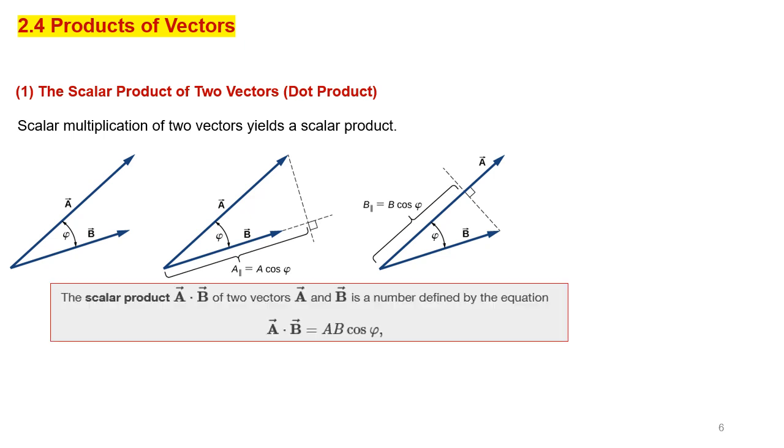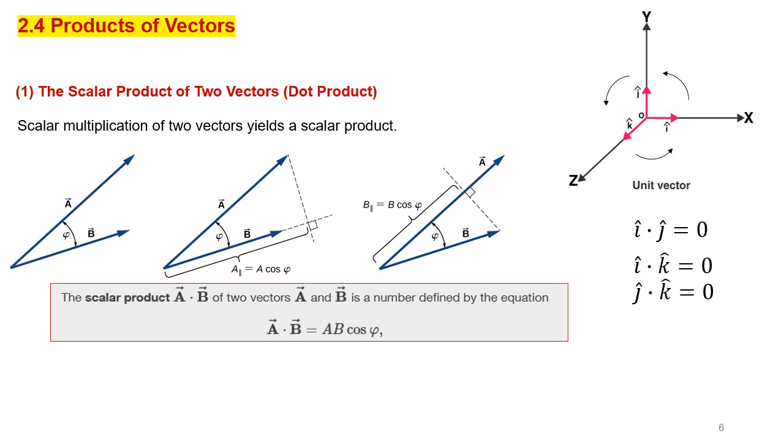So in summary, the scalar product A dot B of two vectors is a number. What you get in the end is a number. There is no direction involved, so it is a scalar quantity. That's why this product is called a scalar product. A dot B is equal to AB cosine phi.